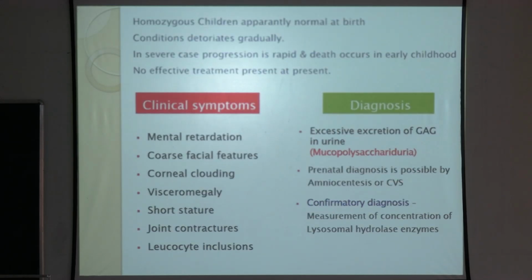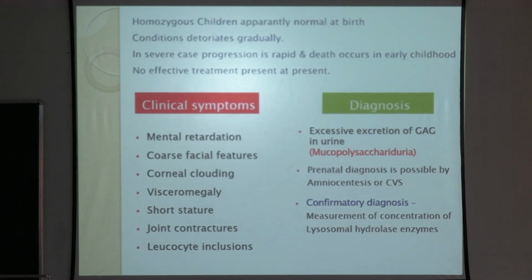Next. The clinical symptoms will be mental retardation, coarse facial features, corneal clouding. Which GAG helps in corneal transparency? Keratan sulfate. Visceromegaly, which means enlargement of viscera. Short stature, that is reduced height or decreased growth of bones. Joint contractures because of loss of lubrication and synovial fluids.